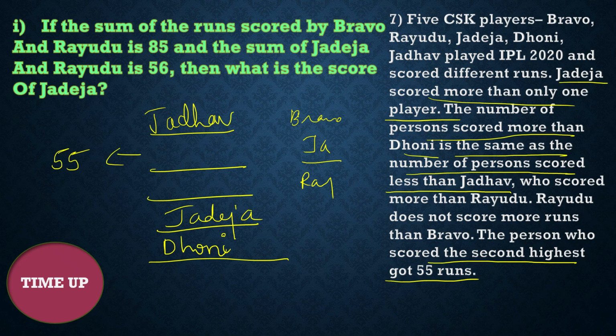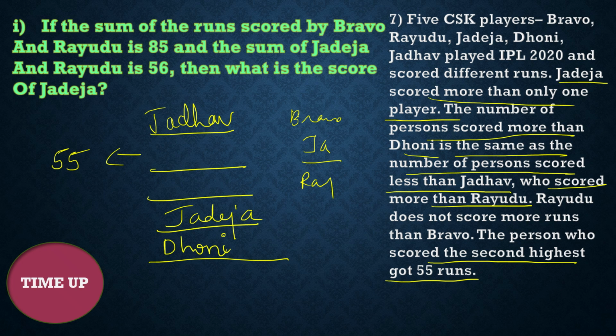Why? Because more than Dhoni, 1, 2, 3, 4. 4 people have scored more than Dhoni. And 1, 2, 3, 4. 4 people have scored less than Jadhav. Equal ho gaya na? So this will be the right arrangement for Jadhav and Dhoni according to the statement given in the question. Jadhav has scored more than Raidu.